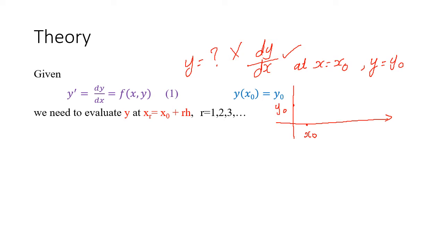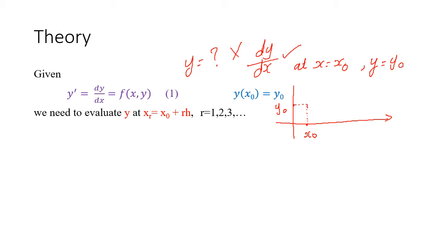This is the given information, and we don't know what exactly the function is. It can be something like this, or this, or this; there are numerous possibilities. We don't know what the function is.